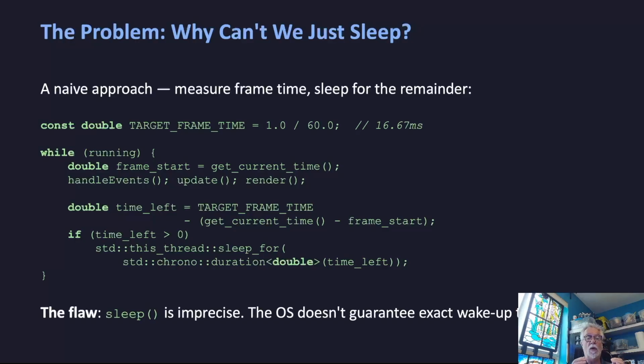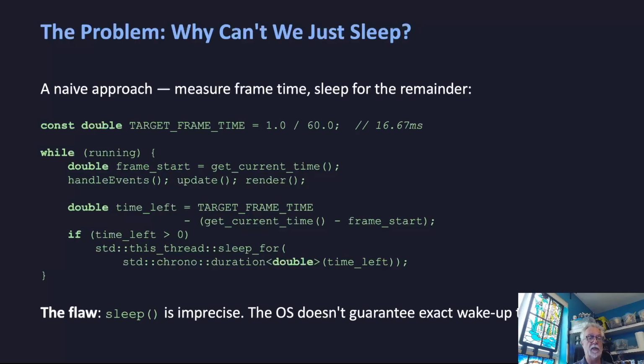Now, if we have designed our game right, if we are actually able to run at 60 frames per second, we then look at our target frame time, and then we determine a delta, the amount of time that we have left. And then what we're going to do is we're going to wait, right?